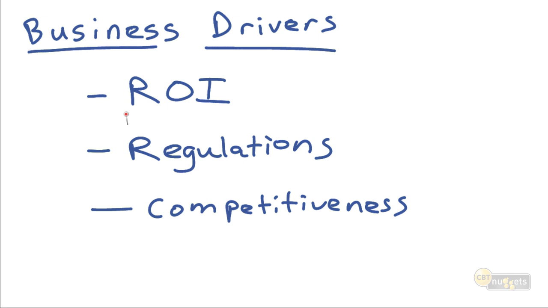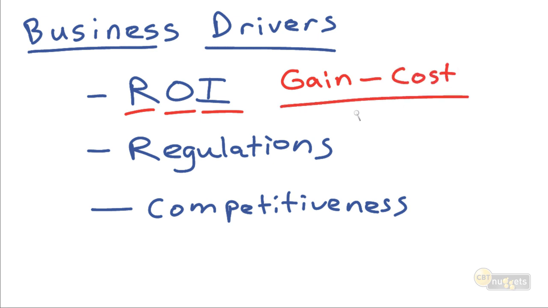It's return on investment. You see, this is a nice measure of whatever you did for the organization if it was financially viable. What return on investment is most often measured with is what was the gain from whatever you did minus the cost of whatever you did divided by the cost of whatever you did.